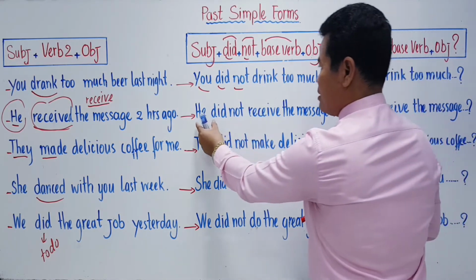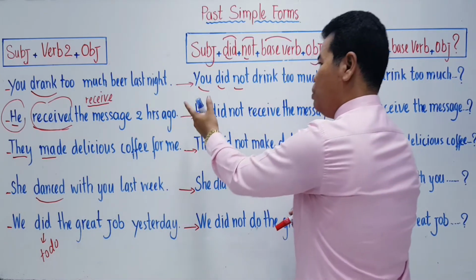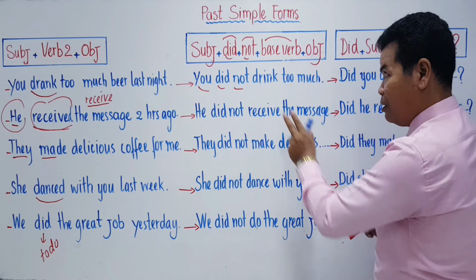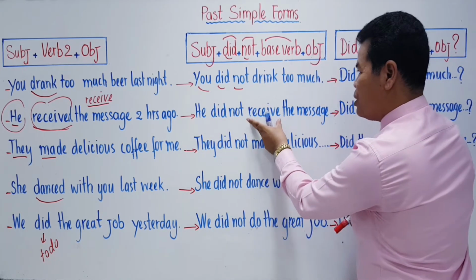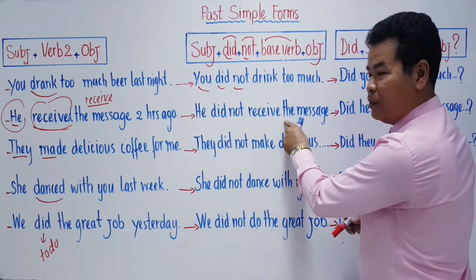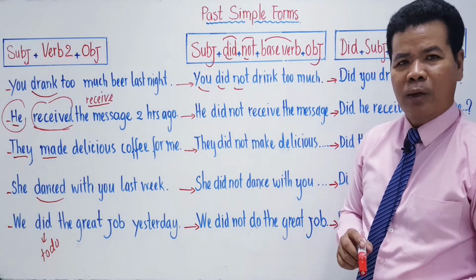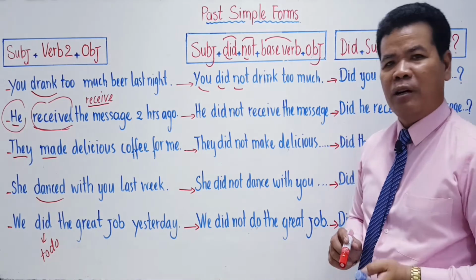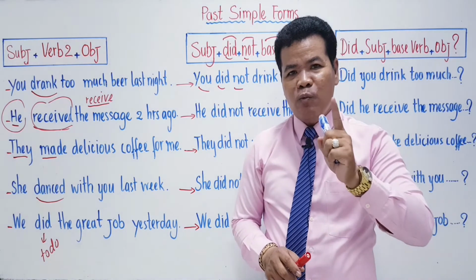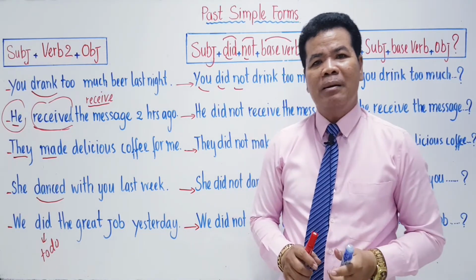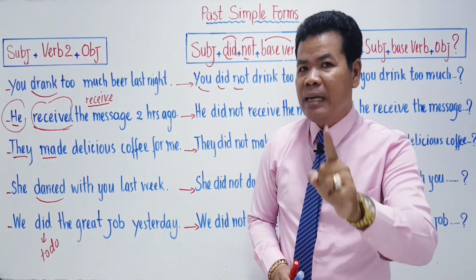And go to the second example. He received the message 2 hours ago, and then go to negative. He did not receive. There is no D anymore. Go back to the base verb. We use the second verb in past simple tense only in the positive form.